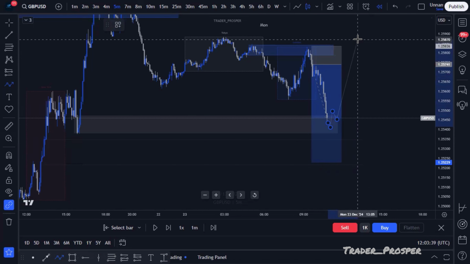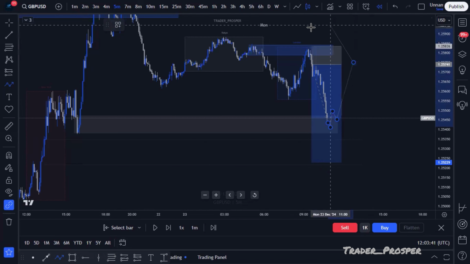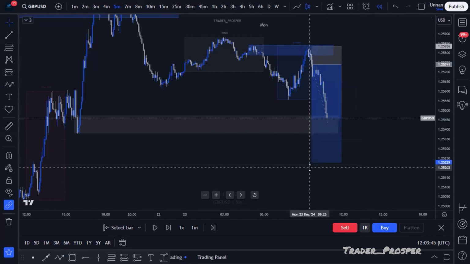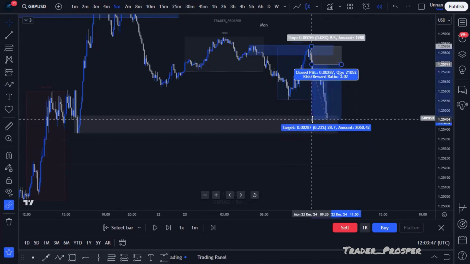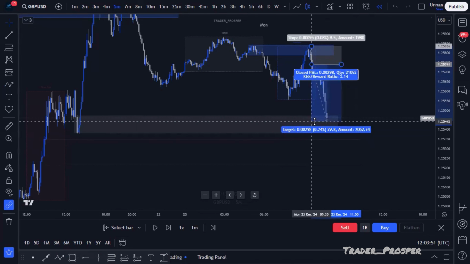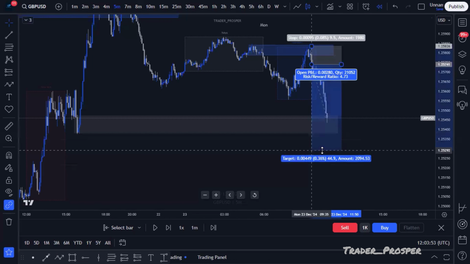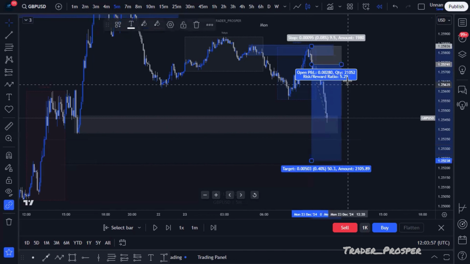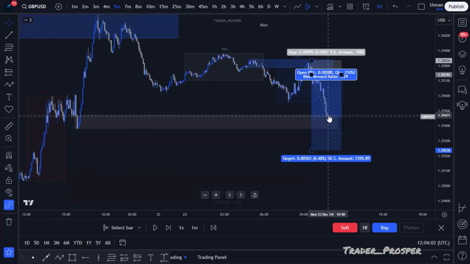If you don't manage this trade well, you're going to lose whatever the market has already given you. Let's take a look at this. This is already 3%, which is very nice money made from the market. So our final target should be at the 5%, risking 1% to gain 5% of our capital. But what I will do here is manage my trade.